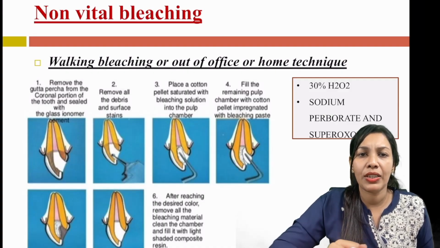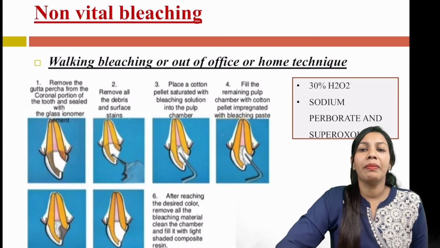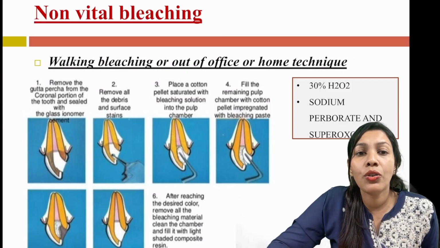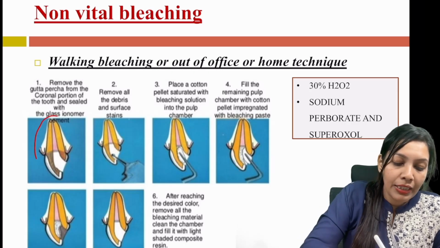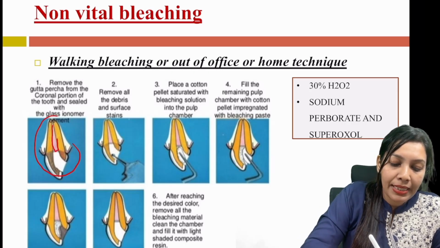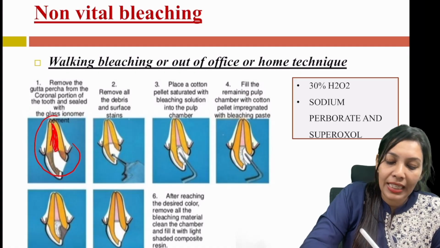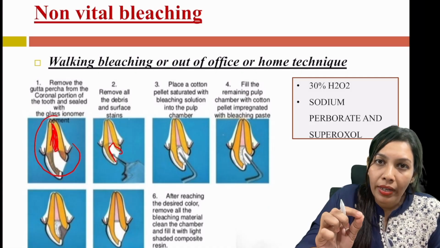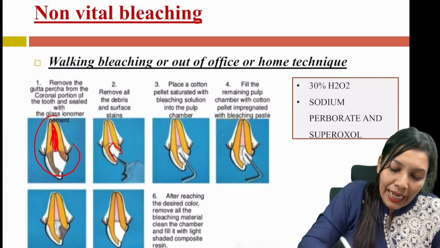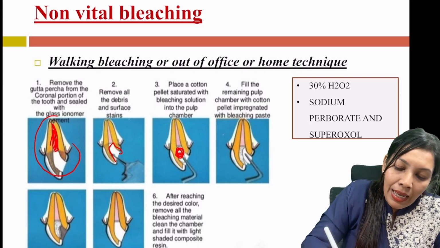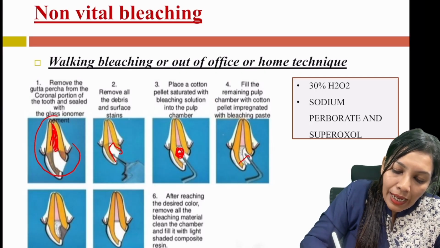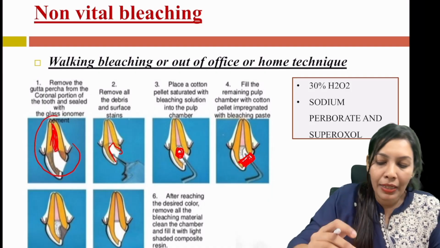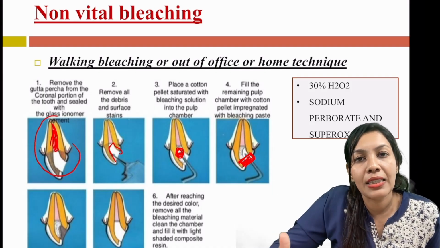Next is non-vital bleaching. Very important. Non-vital bleaching means the tooth is dead, so we need to do a root canal treatment. See, in the first image, root canal treatment is completed with the placement of gutta percha inside. So what we do is clean the coronal portion, and a small amount of cotton saturated with the bleaching agent is placed inside, and on top of that we close and seal the pulp chamber, leave the patient and recall.